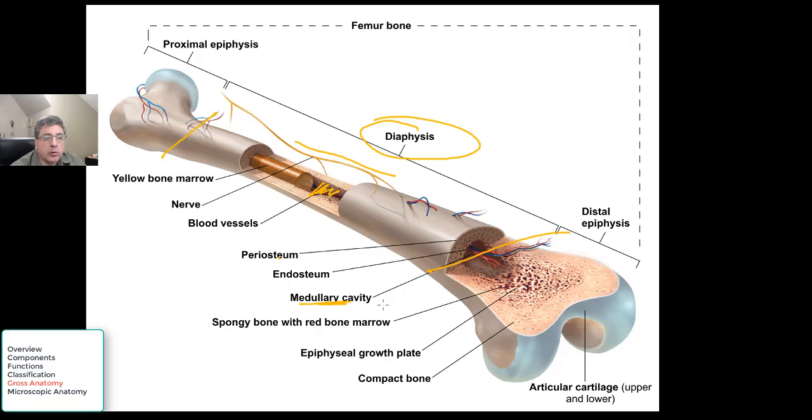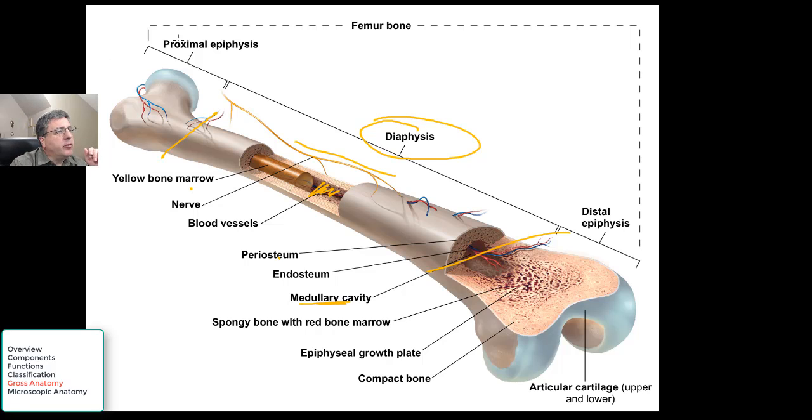If you're a child or young, that's going to be red marrow, and then when you become an adult, that transitions over to yellow marrow. And yellow marrow, as we said earlier, is for energy reserves, and it's basically lipids or fat. Okay, so that inner part is going to be medullary cavity.